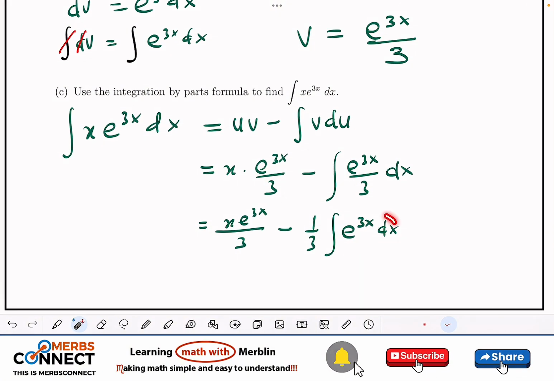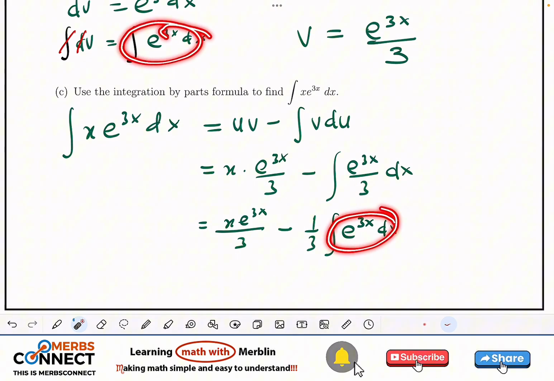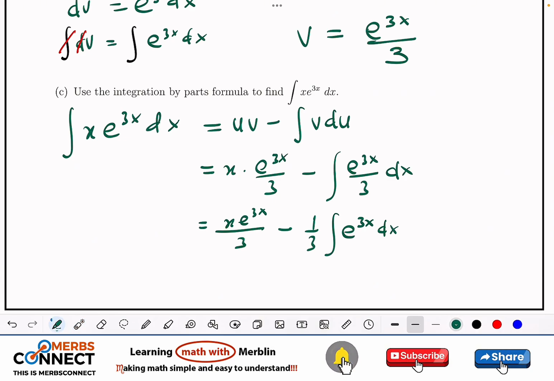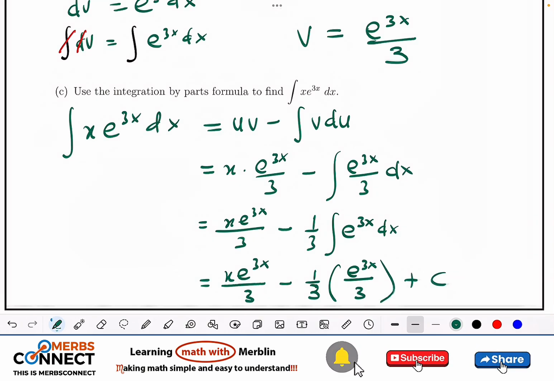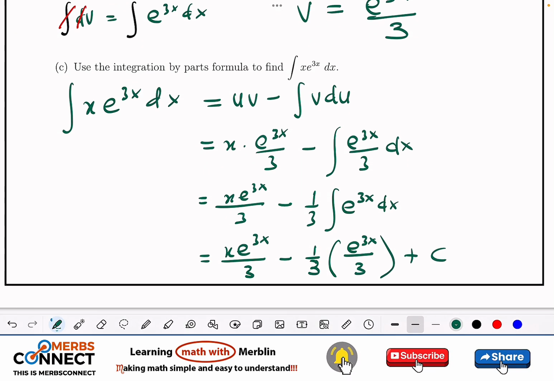I think we've done even this, which was giving us this. So finally we are going to have x e to the power 3x divided by 3 minus 1 over 3, then when I integrate this, maintain the function and divide it by 3, plus c.